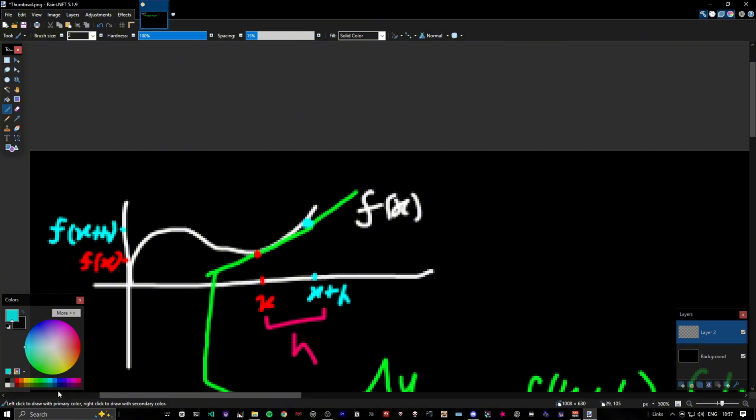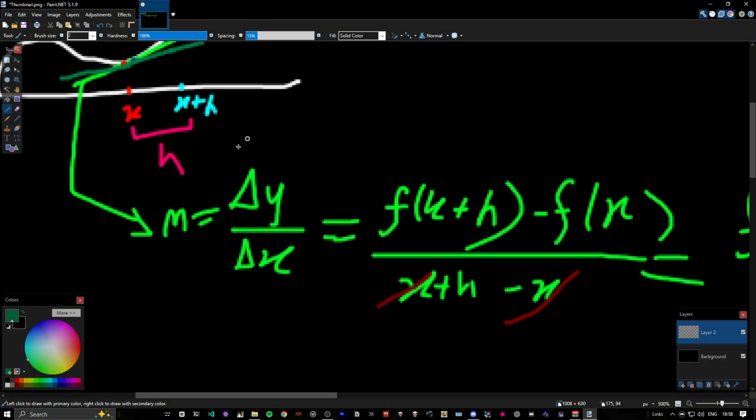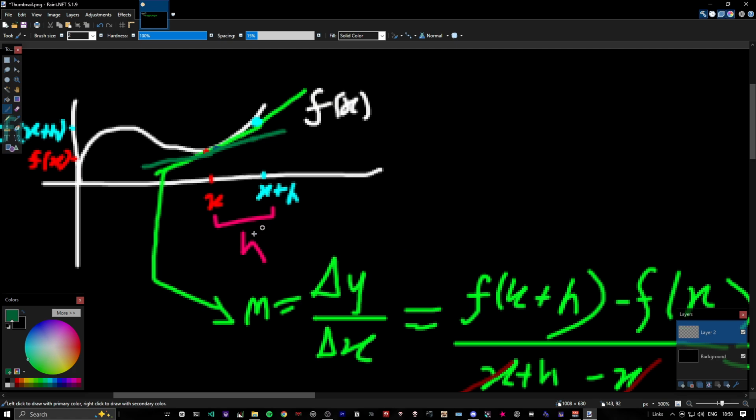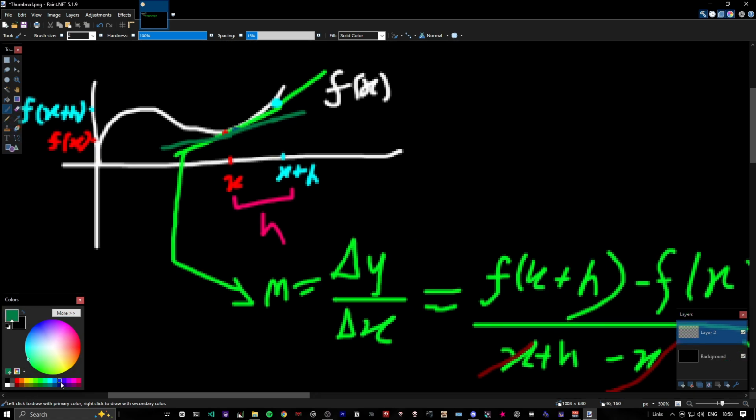So if we were to do that, say the point is moved here, actually here, let's just go very close to the red point. The tangent between these 2 points would change a bit. Its gradient would be a bit more closer to the true gradient of this function at that red point. So the idea is to move it as close as possible to x, the red point.